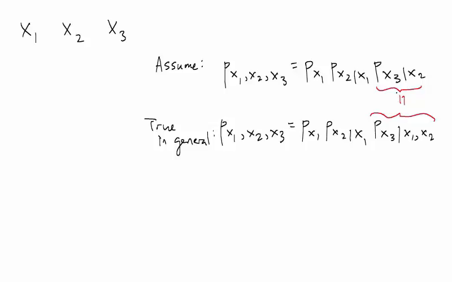This thing here is stating a conditional independence, that x3 is conditionally independent of x1 given x2. So this assumption here on the joint distribution of x1, x2, and x3 can be stated as a conditional independence.